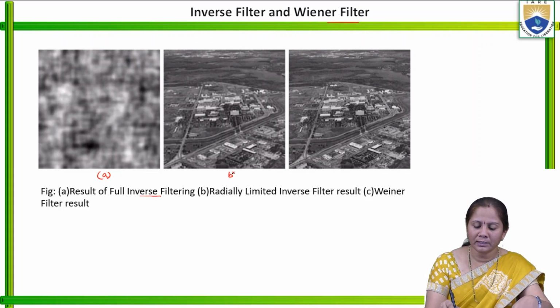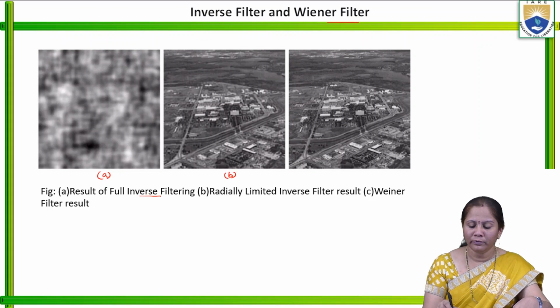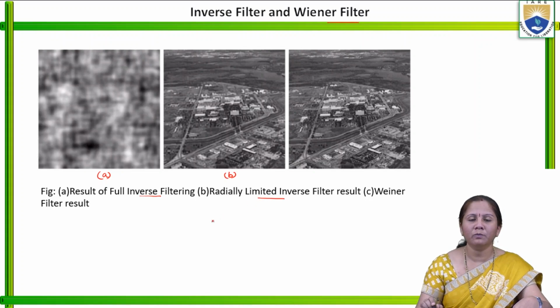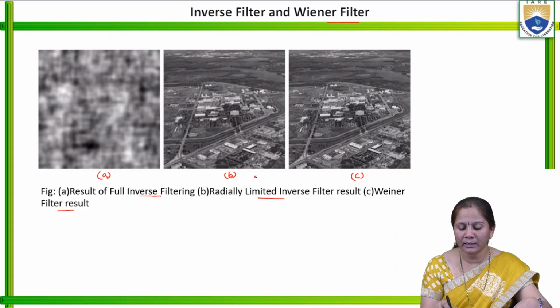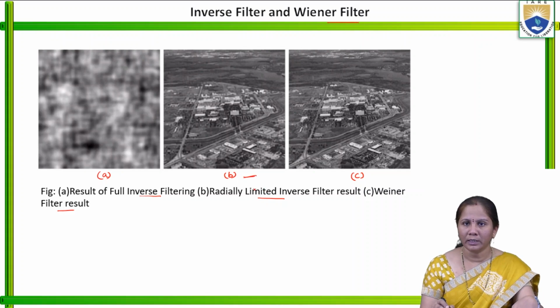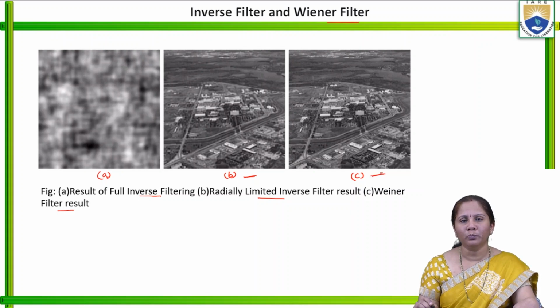And this is the output of the radially limited inverse filter result, that means by proper selection of the frequencies. And here we can see the output of the Wiener filter. If you see here, the inverse filter image is also not that clear, and the Wiener filter output is of somewhat better quality compared to the inverse filter.